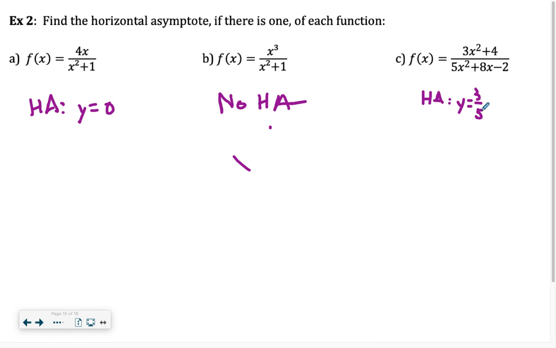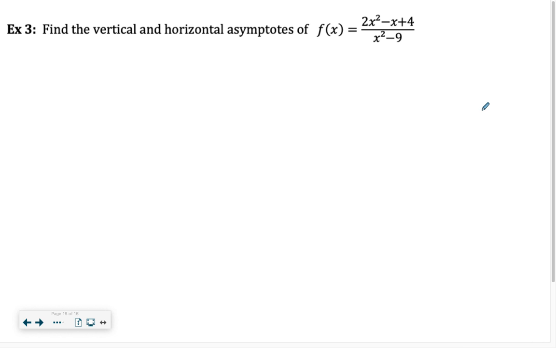All right, so let's look at one final example where we are finding both the horizontal and vertical asymptotes. Okay, so let's start with vertical. To do that, we want to factor both the numerator and denominator. Let me come off to the side here, and let's factor 2x squared minus x plus 4. Whenever my leading coefficient is not 1 in a quadratic, we'll have to factor by grouping.